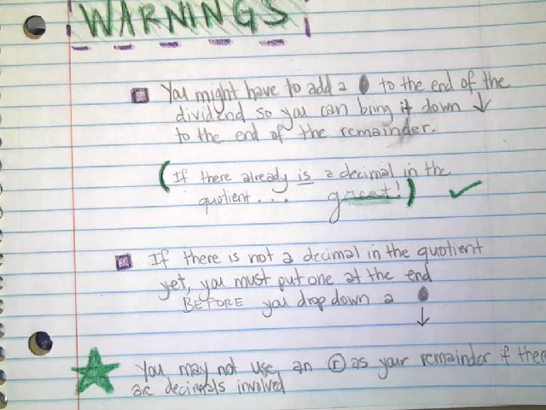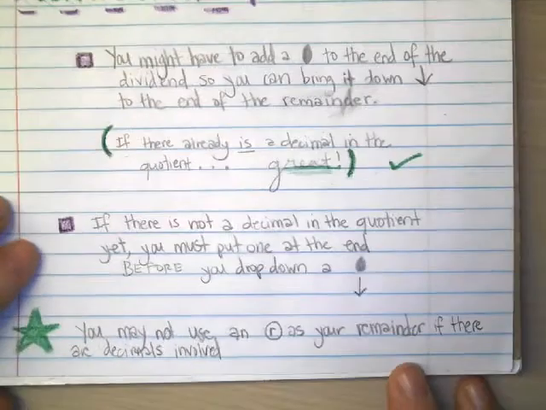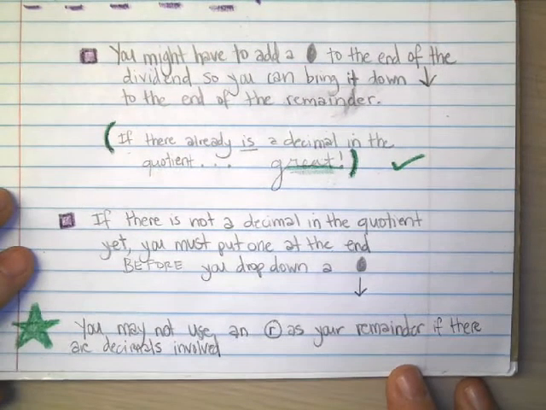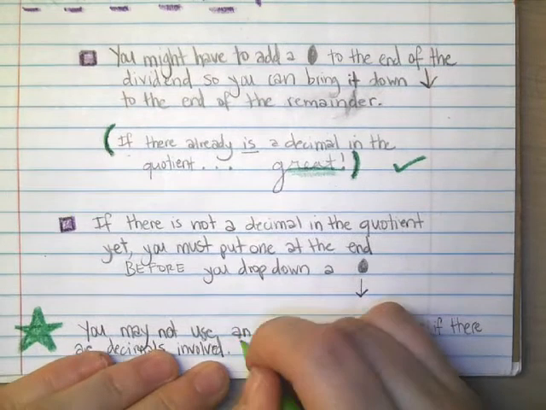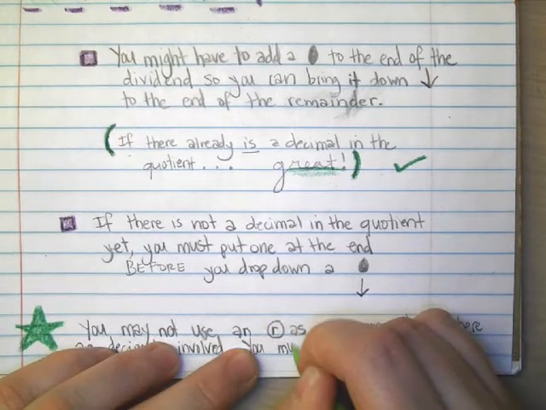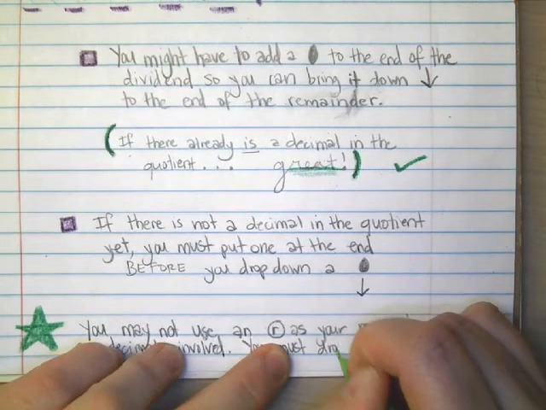You really can't in any way. If it's in the dividend, if it's in the quotient, any of those things, you cannot use a little r or the whole number as your remainder if there are decimals involved.